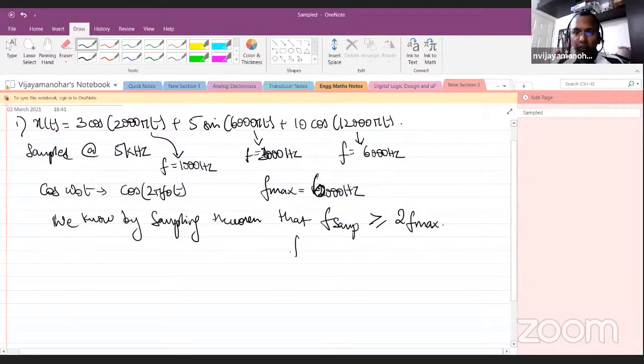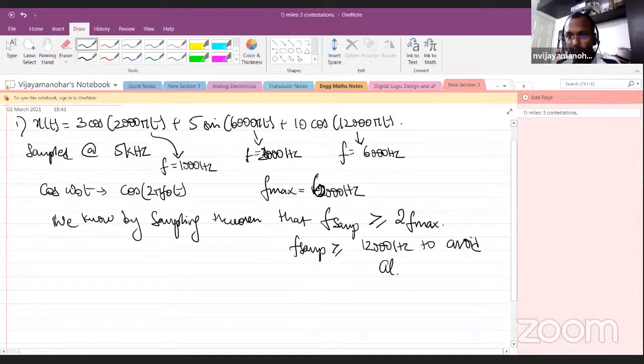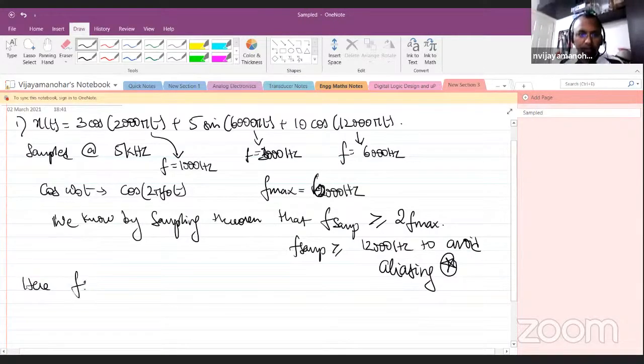So f sample should be greater than or equal to 12,000 hertz to avoid aliasing. So the first thing we are noting is here f sample is 5 kilohertz, which is 5000 hertz, which implies aliasing will occur.